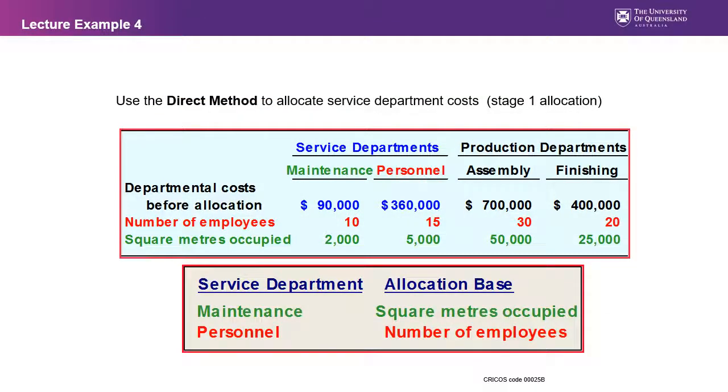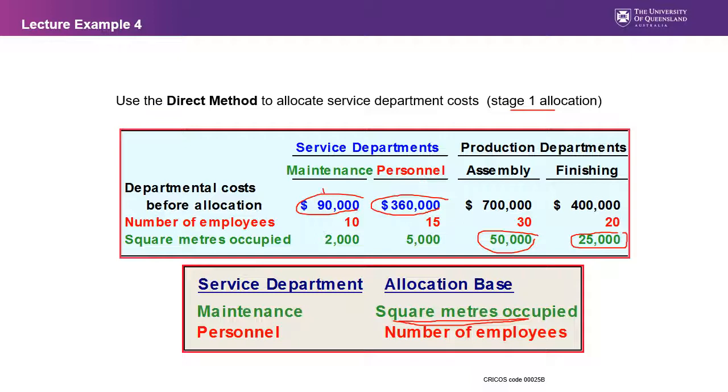So giving it some numbers using the direct method, the first stage allocation, so just from the service department to the production department. We've got departmental costs for the maintenance department of $90,000 and for the personnel department of $360,000. For the maintenance department, the allocation base is the square meters occupied. If we're using the direct method, we only worry about the production department square meters occupied.